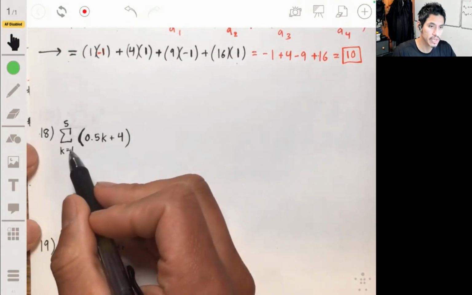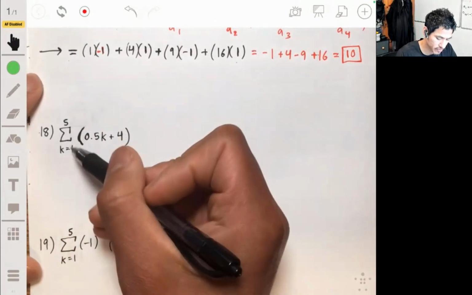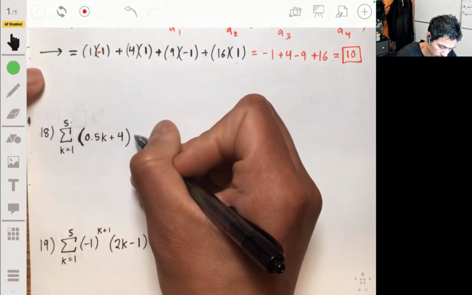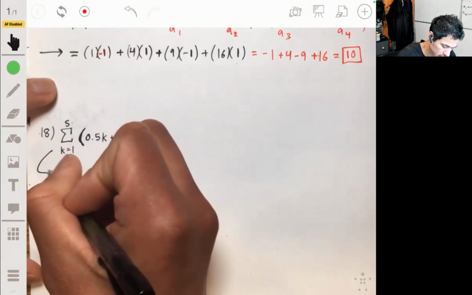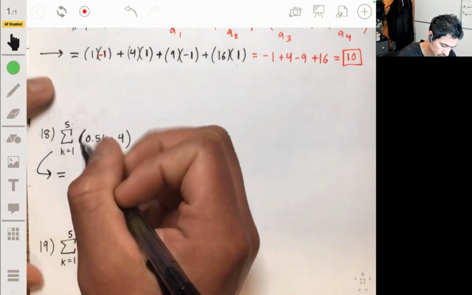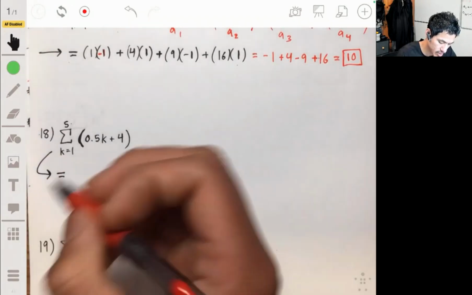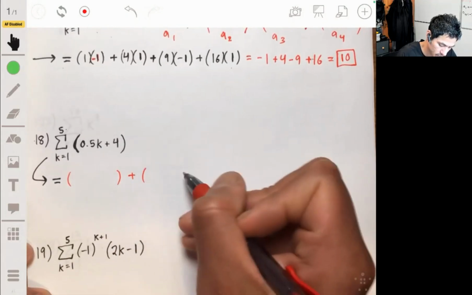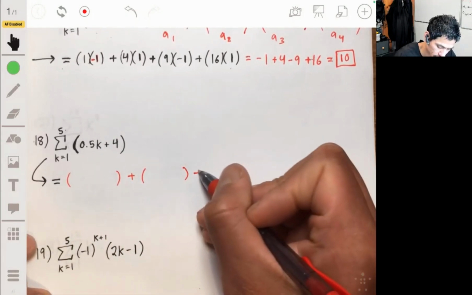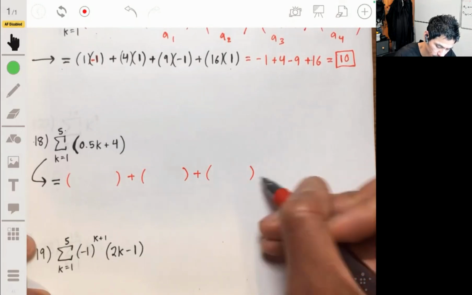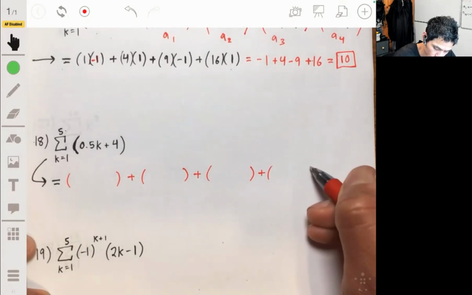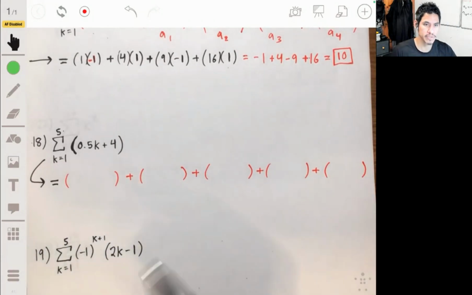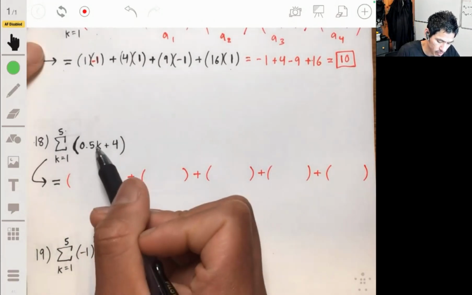All right, for number 18, we're going to add up the first 5 terms. So let me go to the next line so I don't have to squeeze these in. So then a1, let me make parentheses so I don't have to spend more time switching markers or switching pens. So a1 will go in here. We plug in 1 where that k is.